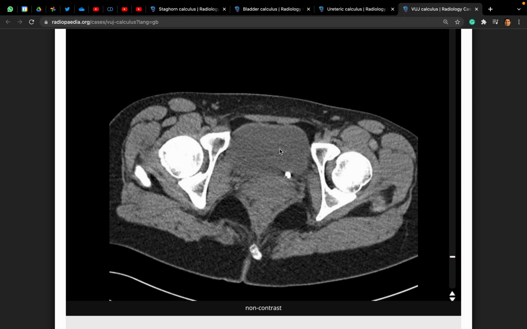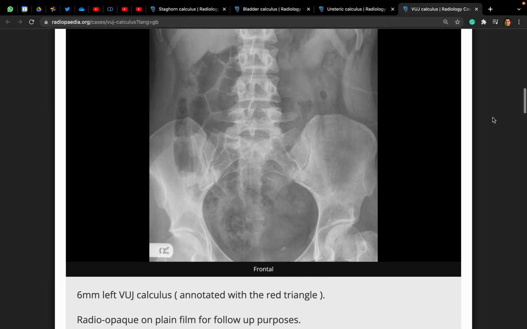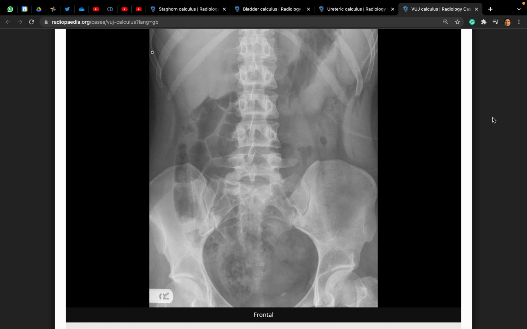I will repeat her bloods to see how her kidney function is doing at this point. But given that 3 to 4 weeks has passed and the stone is still there, I will rediscuss management options, but I will be inclined to offer intervention at this point to try and treat the stone in the form of a primary ureteroscopy or shock wave lithotripsy.